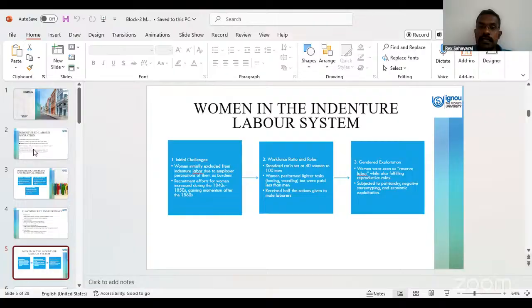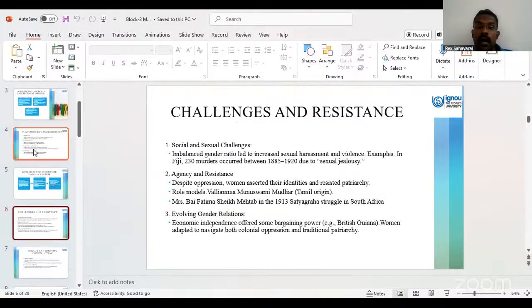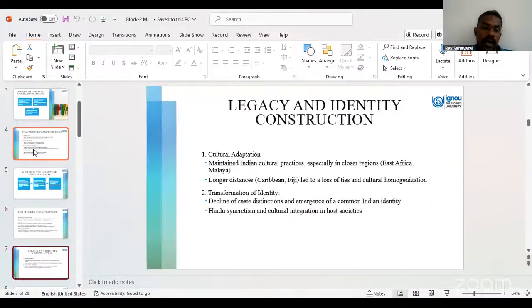Women in the indentured labor system: initial challenges, work ratio and roles, and the gender exploitation they faced in terms of payment and rations. We also covered the challenges and resistance, and how people gathered together as a trade union to fight against their exploitation and get their rights.